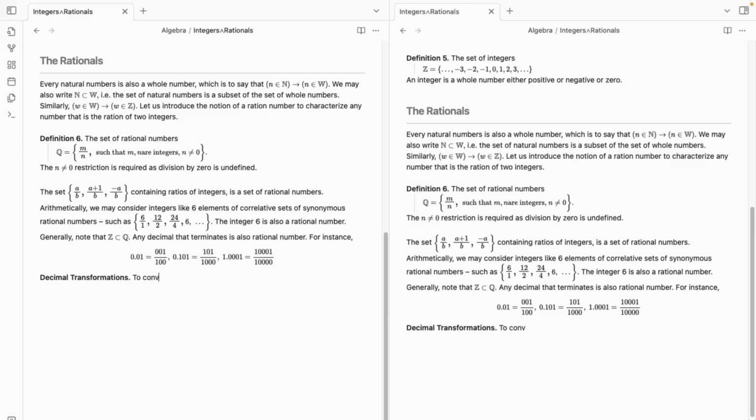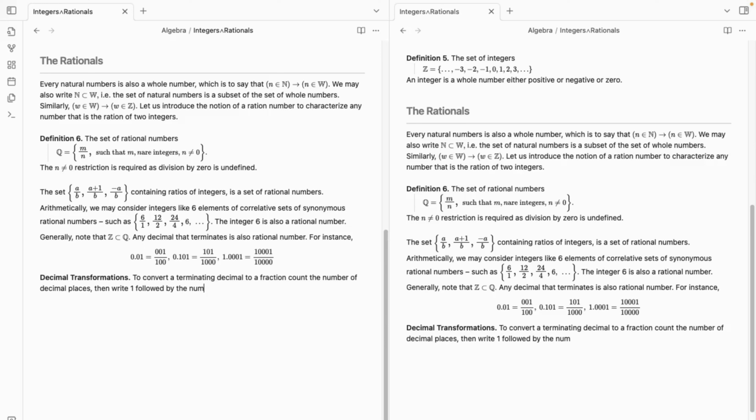To convert a terminating decimal to a fraction, simply count the number of decimal places, then write 1 followed by that number of zeros for the denominator. All right, so pretty straightforward rule.